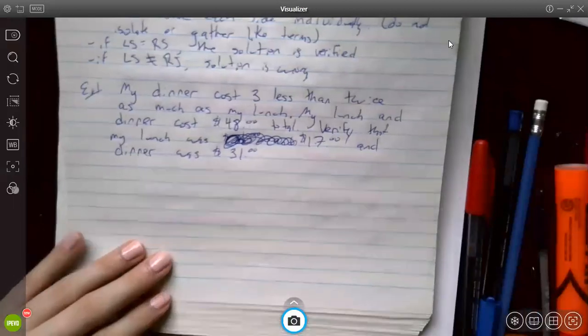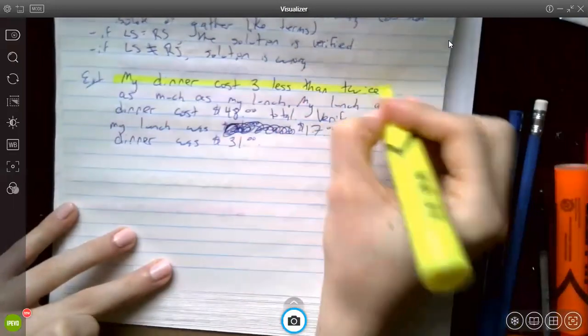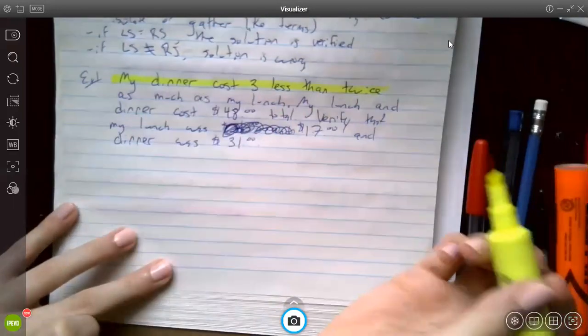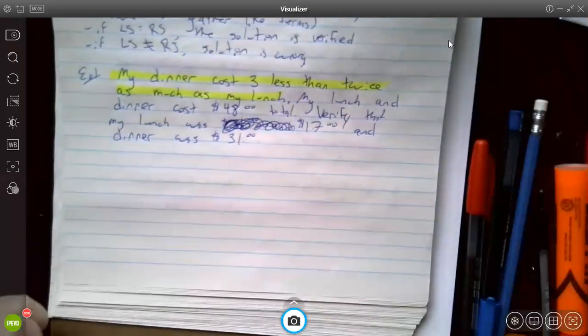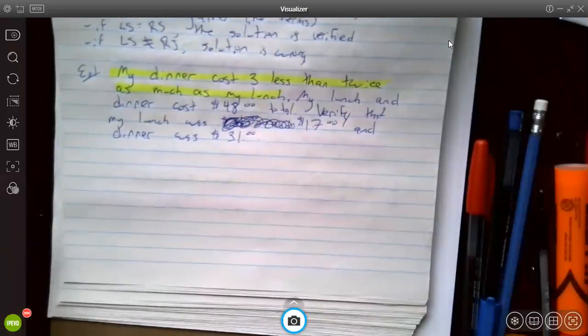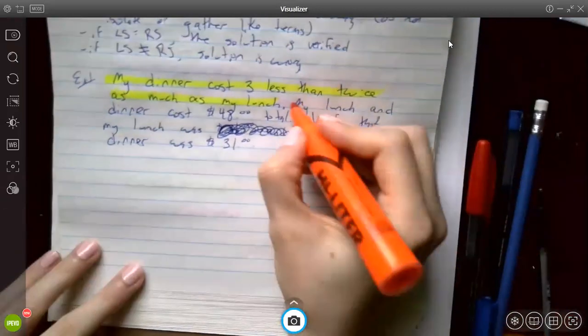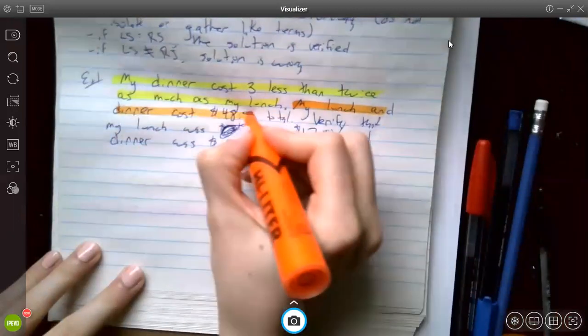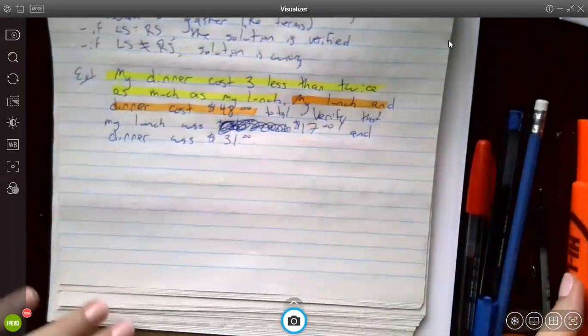So this first sentence here, my dinner cost 3 less than twice as much as my lunch, that's going to get turned into one equation. And then this next sentence, my lunch and dinner cost $48, is going to be my other equation.